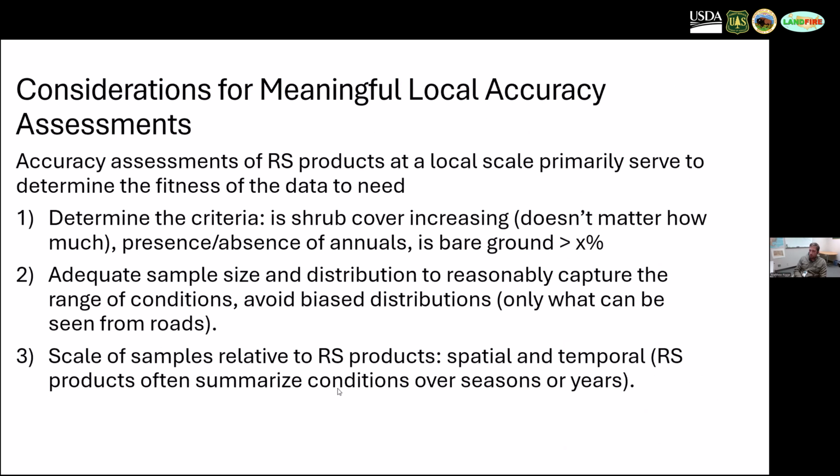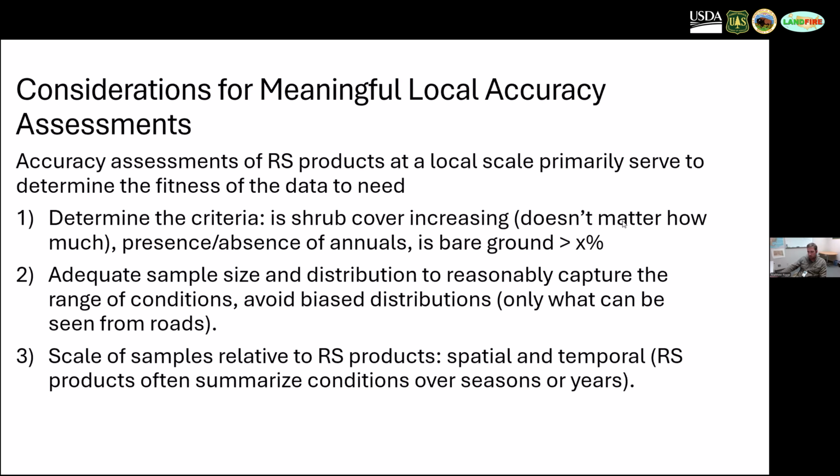So, going into a little bit more detail here, you've got a certain question you're trying to answer. You're considering LANDFIRE, RAP, RCMAP data to answer this question, whatever the question is. The first thing I would recommend you do is look at the criteria you're trying to measure. Is it going to be where the absolute amount matters? Is shrub cover increasing?